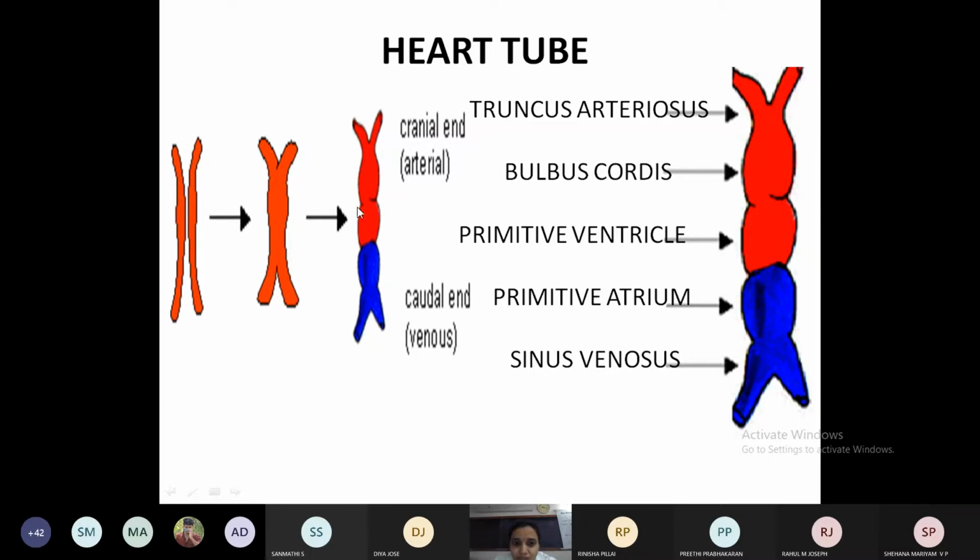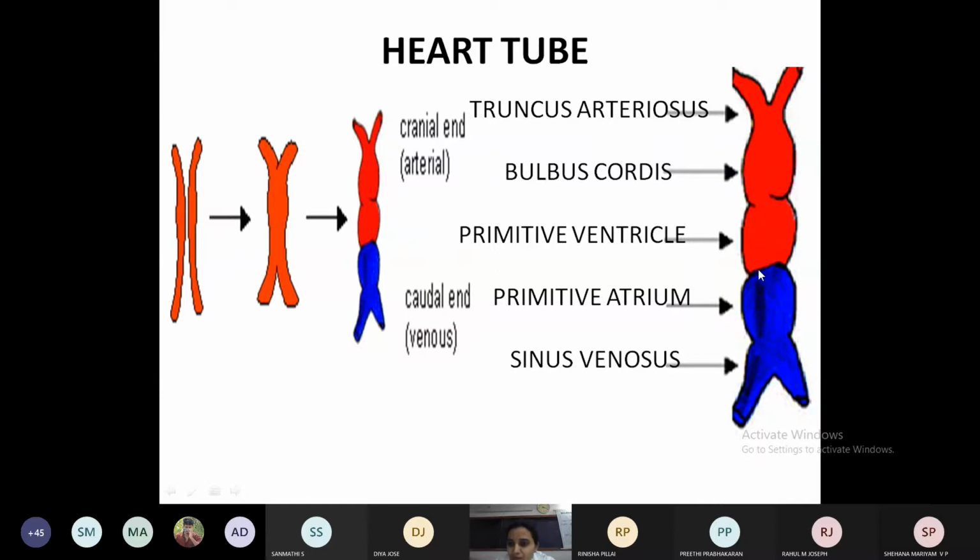Later saccular dilatations occur in the heart tube, from above downwards. The cranial end is the arterial end and the caudal end is the venous end. From above downwards, these dilatations are truncus arteriosus, bulbus cordis, primitive ventricle, primitive atrium, and sinus venosus.